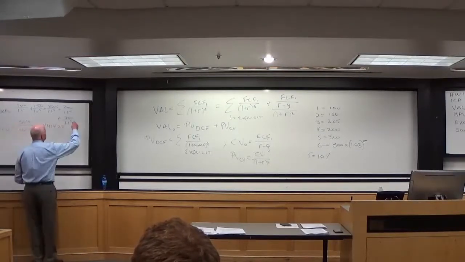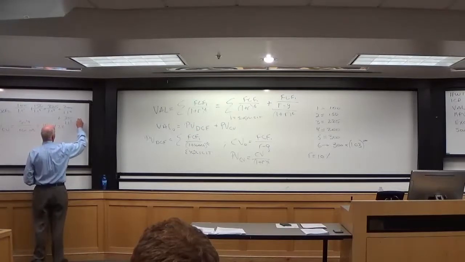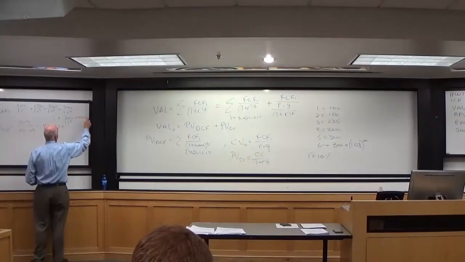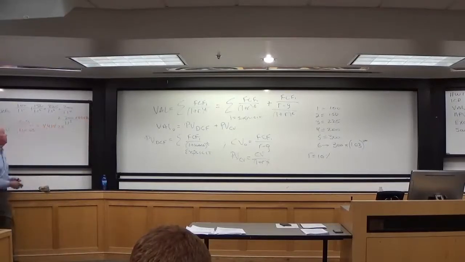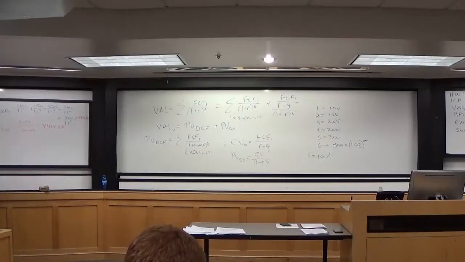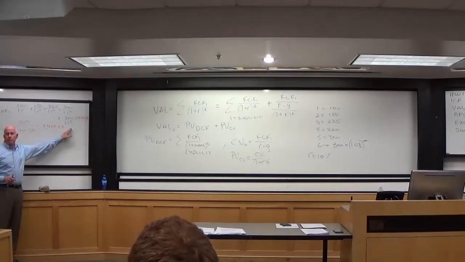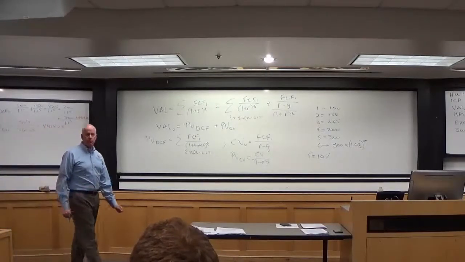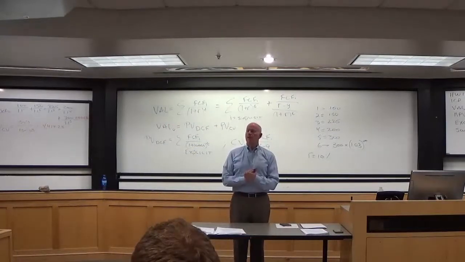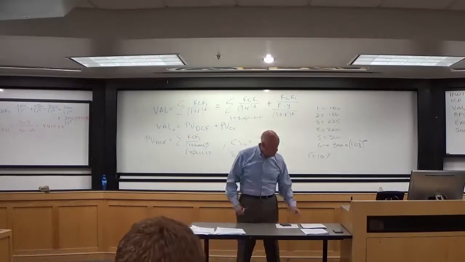So I literally would then add it to the 300, and then I'm going to discount both of those numbers back to today from year 5. Does that make sense? Let's grab our calculators and do it.